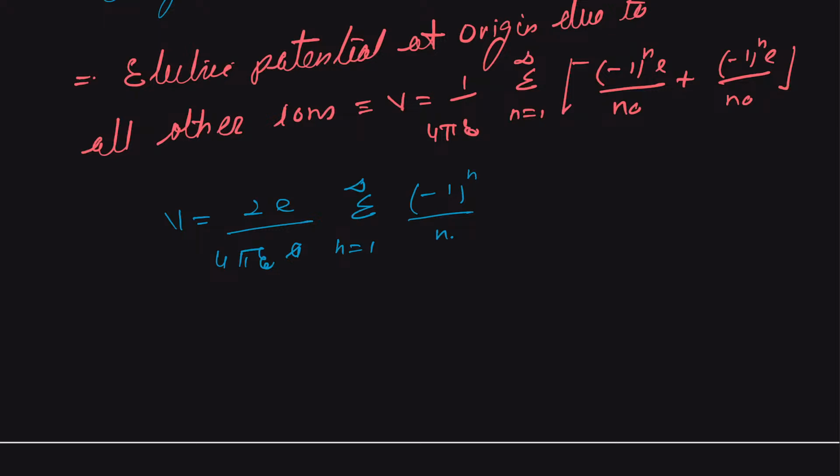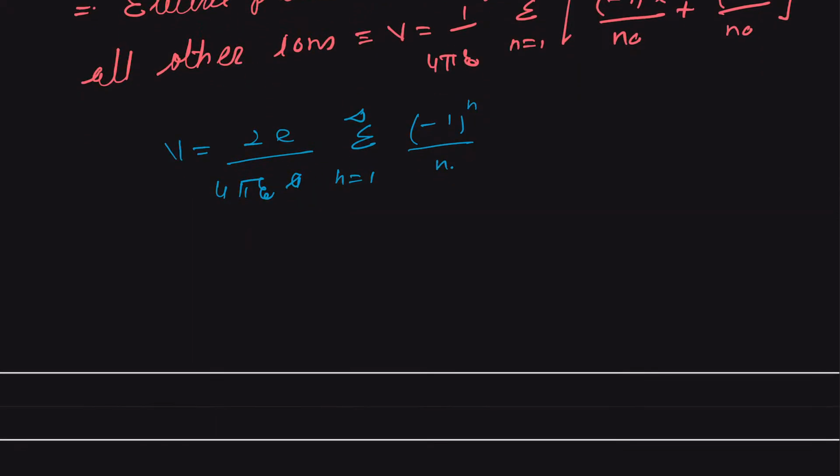And for the solution of this we are going to use the power series expansion of the logarithmic series. So for that we are going to use that natural log of 1 plus x is equal to x minus x square upon 2 plus x cube divided by 3 and so on.